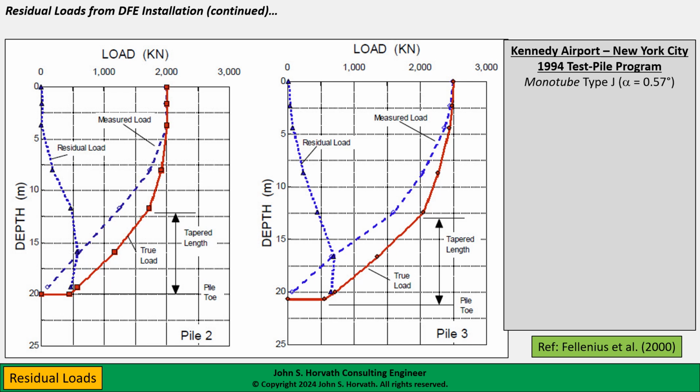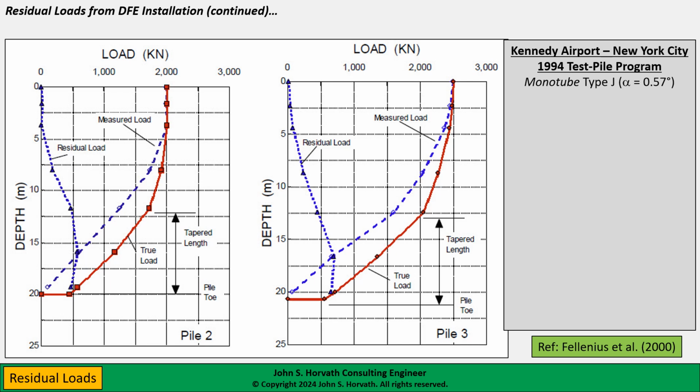Okay, to look at the problems that can occur with instrumented static load tests, when residual loads are not properly accounted for, I'm going to look at 2 monotube test piles that were installed about 30 years ago at Kennedy Airport, New York City. This was a test program that Dr. Fellenius was involved in, apparently as a consultant. I was not working for the Port Authority by that point in time.